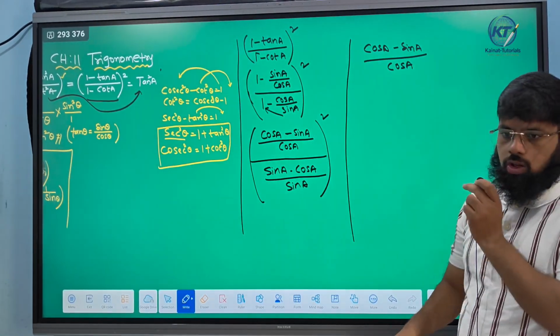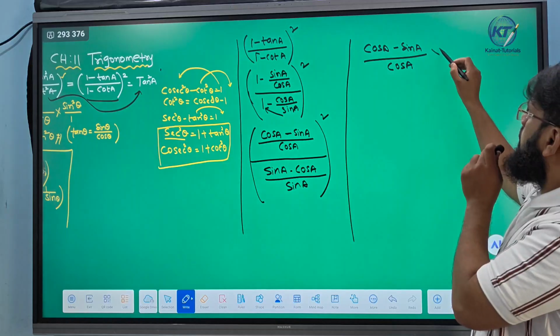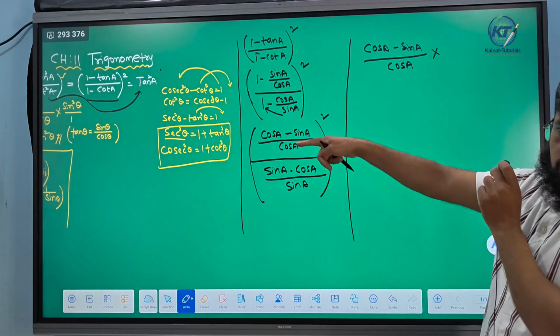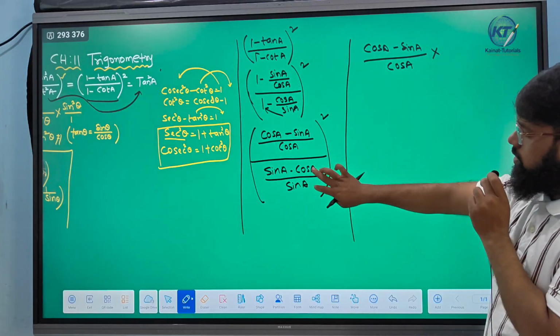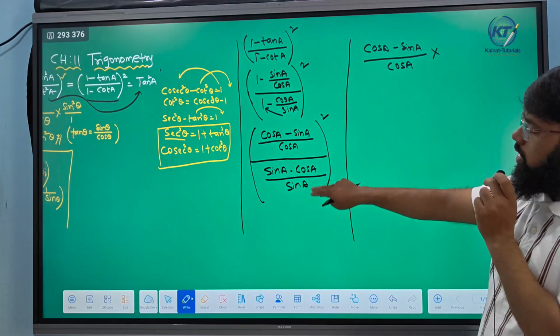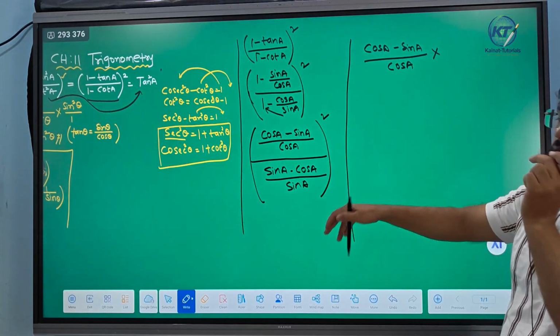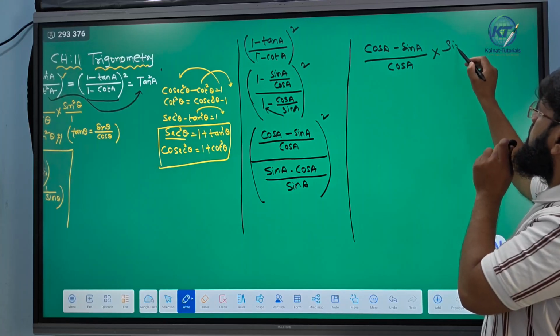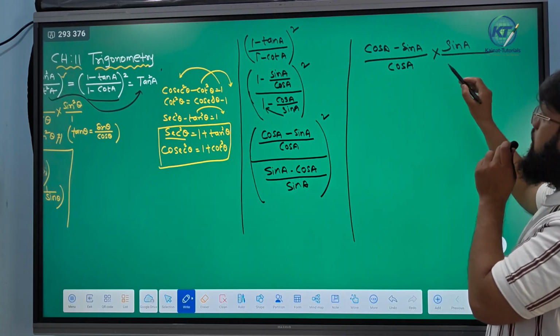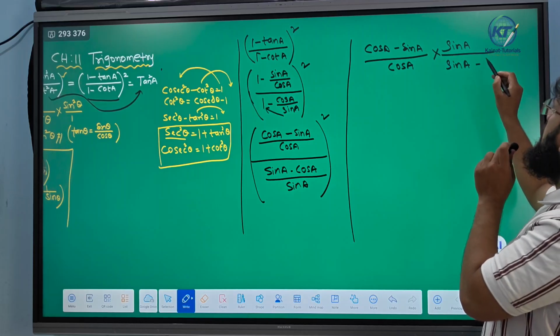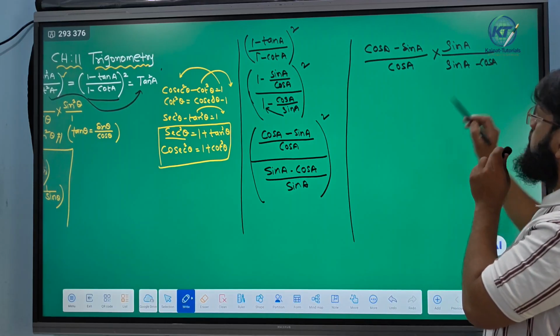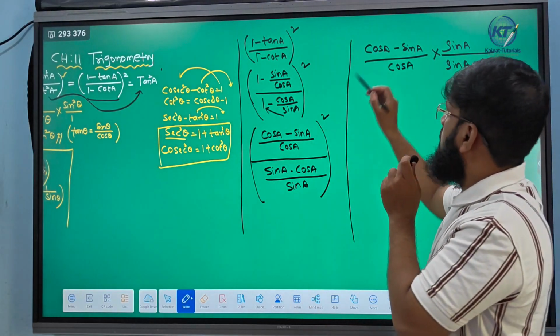For the denominator, I am just writing the reciprocal. Like last time also I said, the division will become multiplication, and reciprocal means the denominator will be numerator and the numerator will be denominator. So I can write sin A by sin A minus cos A. Am I clear? And it is whole square.